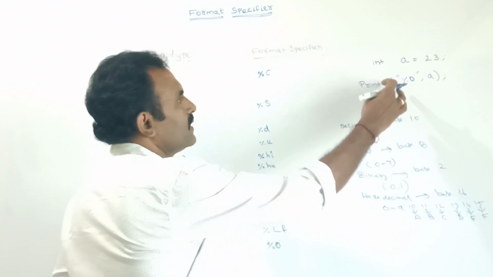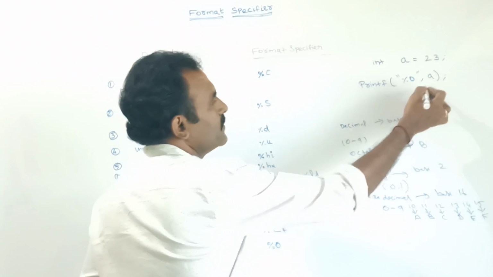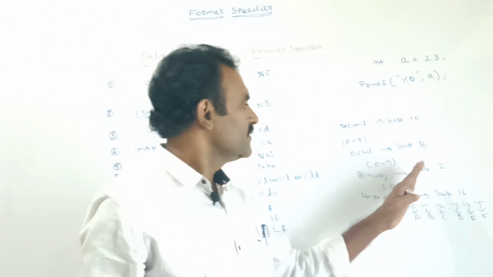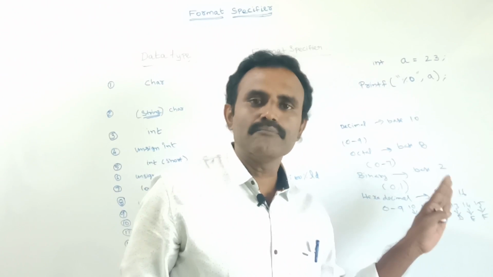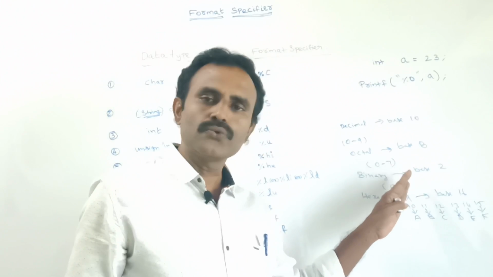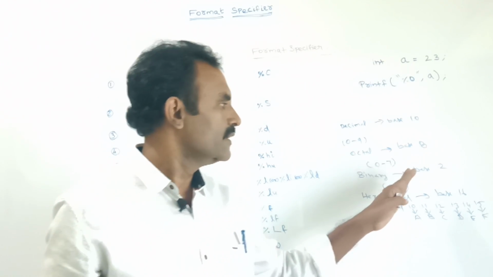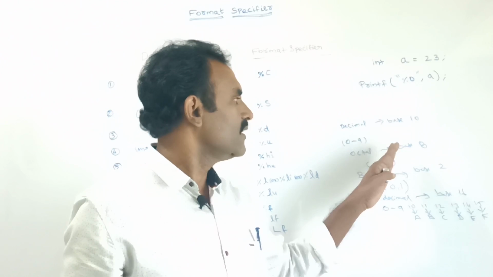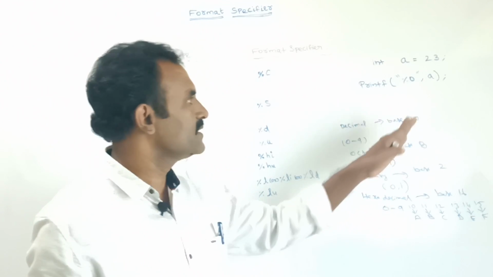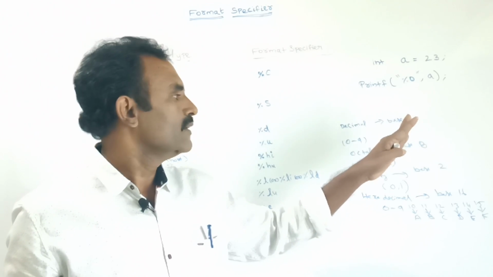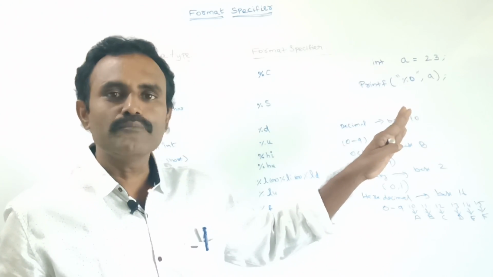For octal, what is the base value? 8. In binary conversion, we divide the number each and every time by 2, as we have seen. In the same way, for octal conversion, the given value should be divided each time by 8.